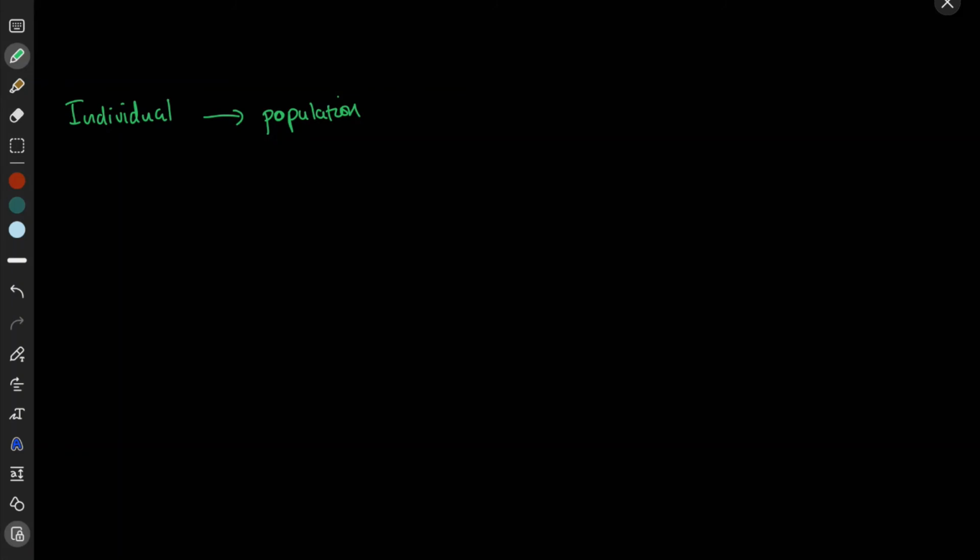I'll write it out first, then we'll discuss each of them, and wrap up with an example that ties it all together. From the population we have the community, from the community we go to the ecosystem, and from the ecosystem we have the Earth, which is also known as the biosphere.